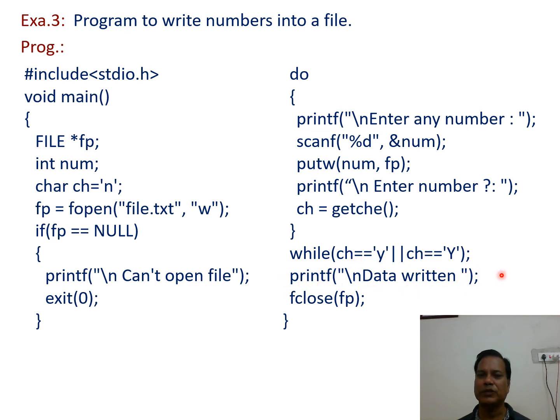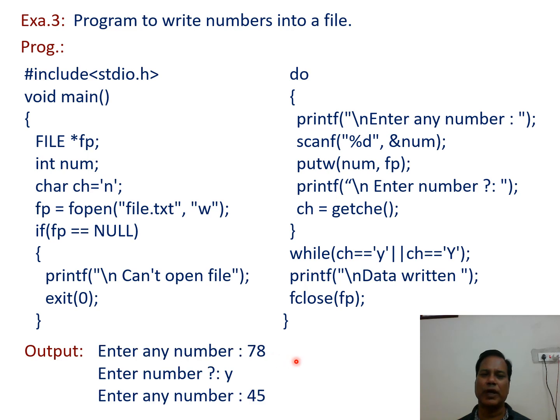After this, the fclose(fp) statement closes the file, and when this program is run, we get the output like this one. Enter any number. 78 is entered, that is taken in and stored in the variable num, and then that is stored in the file.